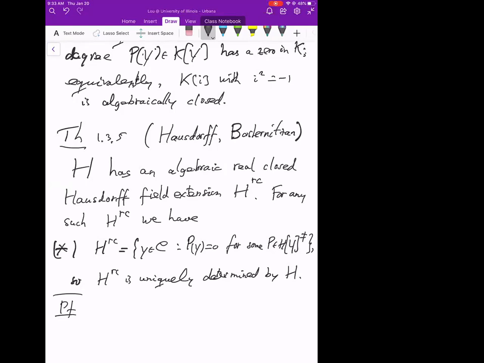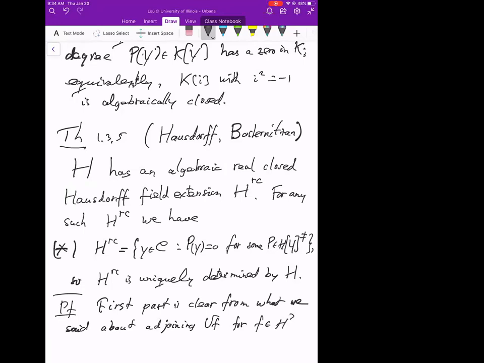So proof, the first part, as I just explained, is clear from what we said about joining square roots of f for f in H to any Hausdorff field, and from the proposition that we just proved, 133.